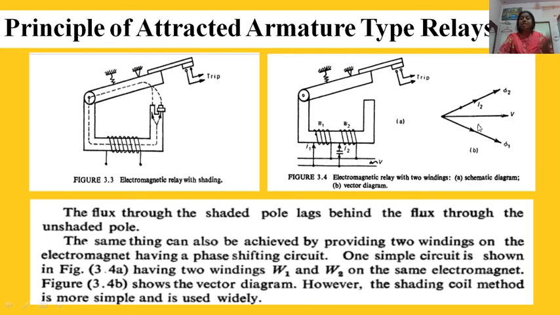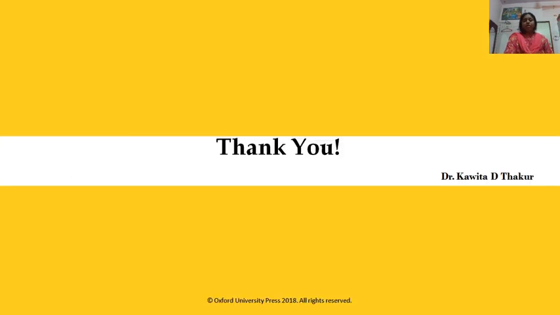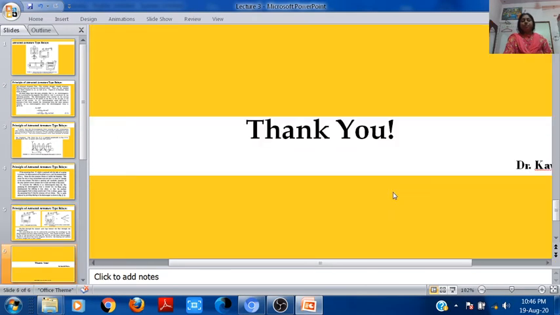This principle, you know, is the same as in the split phase induction motor you have seen in first year. So the principle of operation of the attracted armature type relay and its difficulty can be overcome using a shading band or using two windings. Okay, thank you.